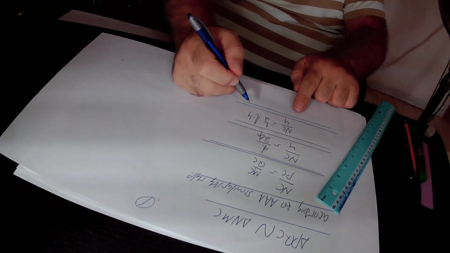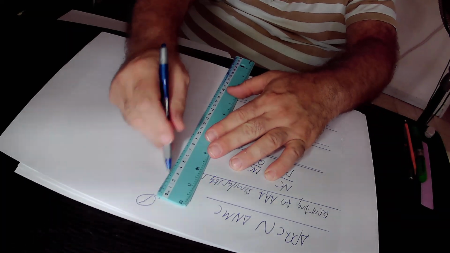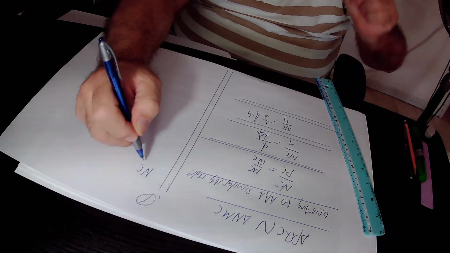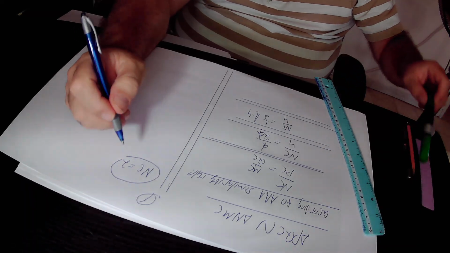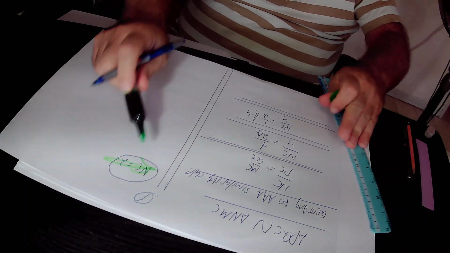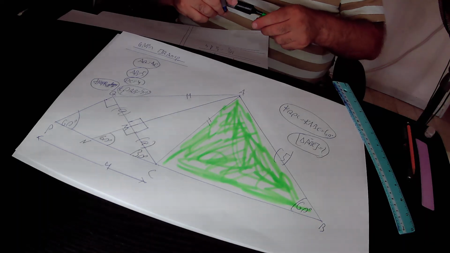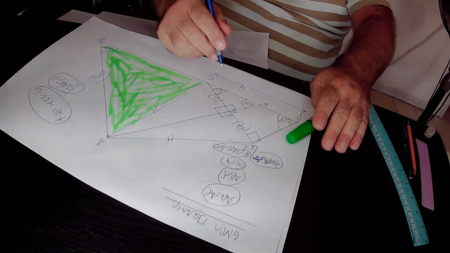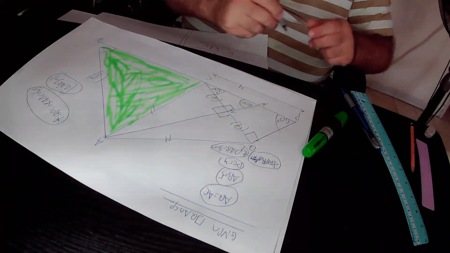And finally we get that the missing side NC is equal to 4 over 2, that is 2. So the missing side NC is equal to 2 units in its length. I write it down: NC equals 2 units.